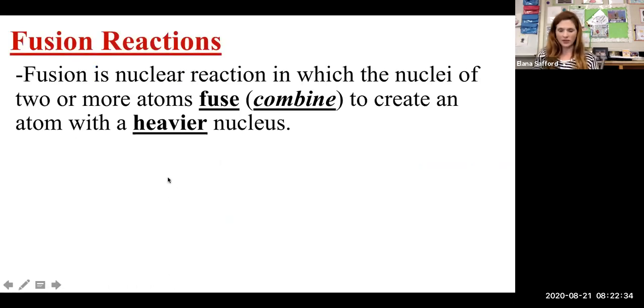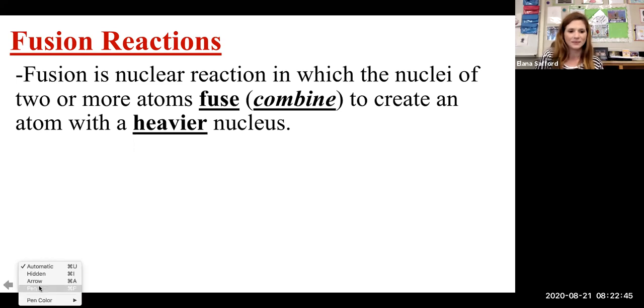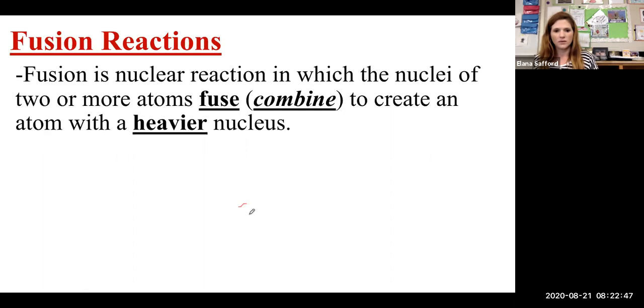A fusion reaction is the opposite. Instead of something really heavy splitting apart, it'll be something that is light. Remember when we were talking about alpha and beta, I said atoms are always trying to get to their Goldilocks just right phase.